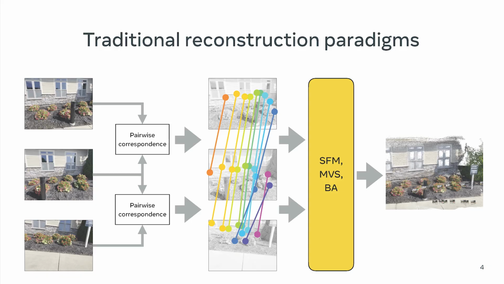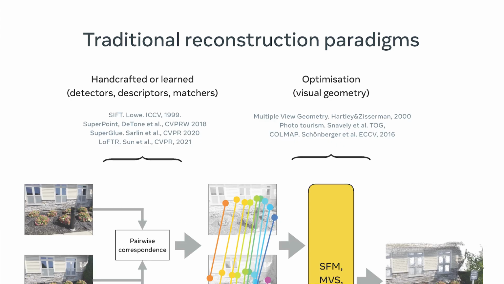So what we're talking about here for now is how to do 3D reconstruction using a neural network. Now, if you look at the traditional reconstruction paradigms and the way you typically did it in the past, say, 20 years or 40 years of computer vision, you would start with a bunch of images. The first thing you would do is establish pairwise correspondences. So this is the white box here. These white boxes look at two images at a time, and then using either something handcrafted like SIFT or maybe something learned, like SuperGlue, they would establish correspondences between views.